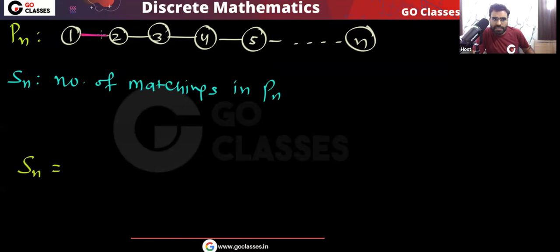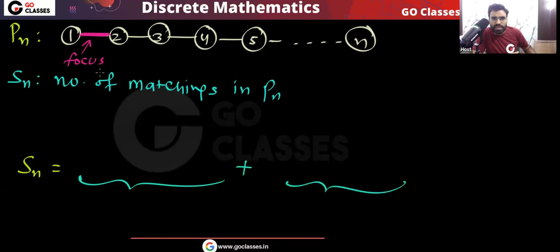Just focus on this edge. Matching means a set of edges which are pairwise non-adjacent. So just focus on this edge 1, 2. In a matching, either we will take it or we will not take it. Only 2 possibilities are there. Correct? So I can say that the number of matchings which contain edge 1, 2 plus the number of matchings which do not contain edge 1, 2. Only these 2 possibilities are there.